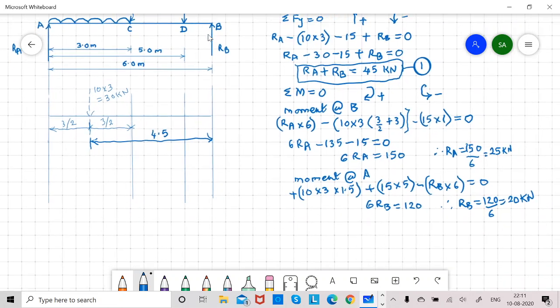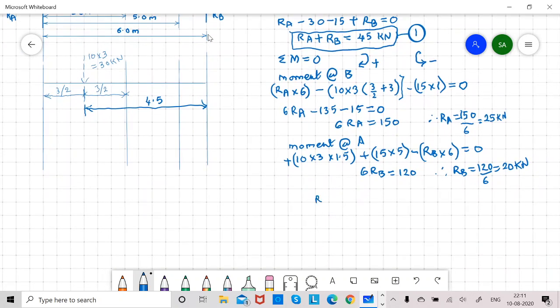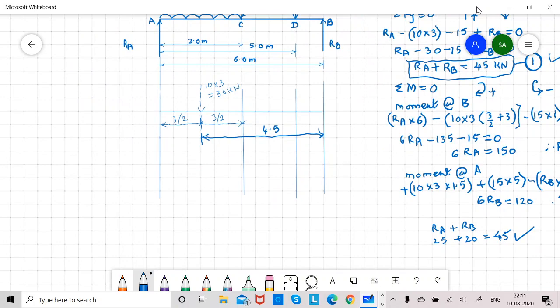Now let us check. RA we got 25, RB we got 20. So total is 45, which is tallying with the equation number 1. So whatever calculations done are correct.